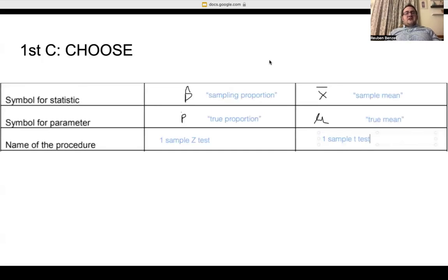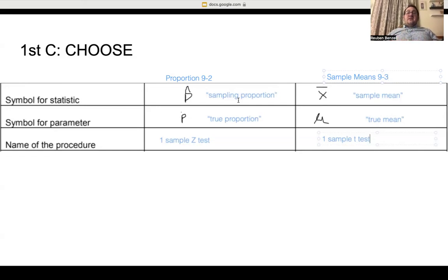Okay, so we have symbols here for the statistics and the parameters again. We have our proportion problems for 9.2, and then we have the sample mean problems for 9.3.